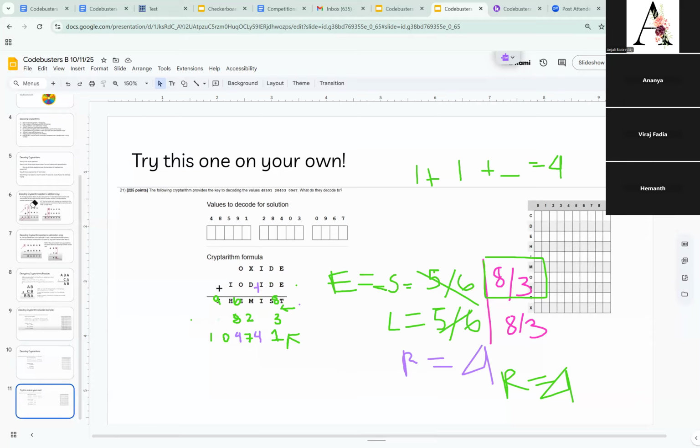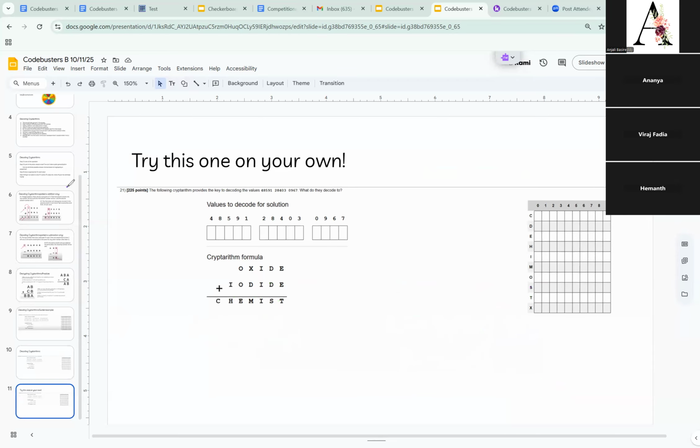Sure. I might not be able to get it, but I can try. Yeah, same. It'll probably take some time, but I think I'll be able to get it. Yeah, same. Okay, then go ahead and try to do it. I'll give you guys 2 minutes, and then after that, let's just try going through it together.